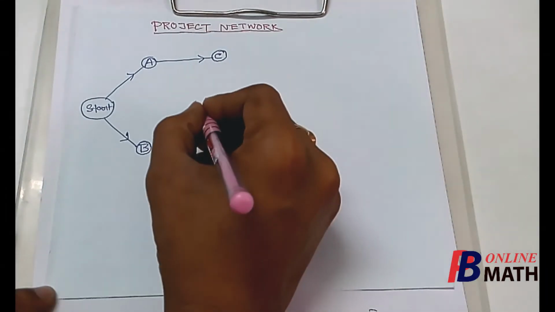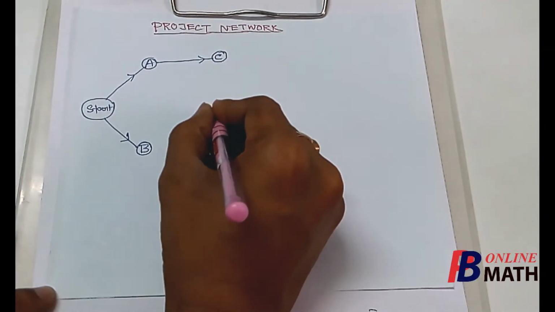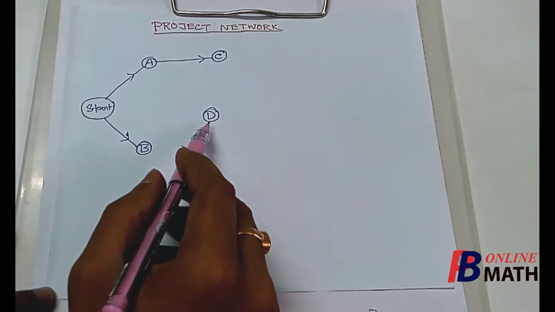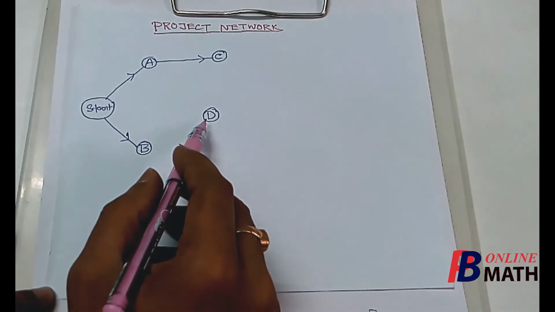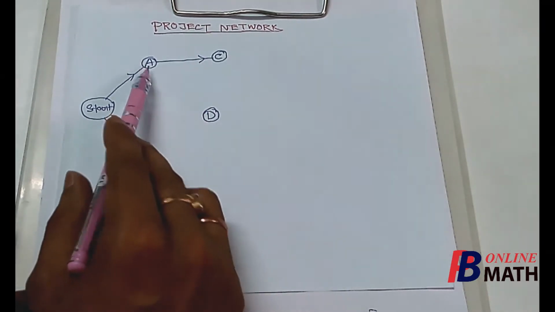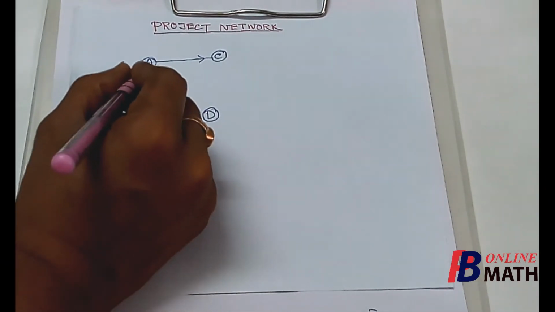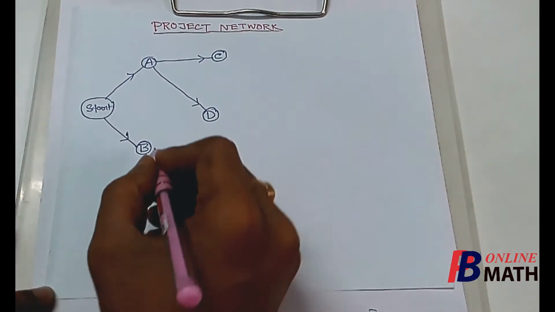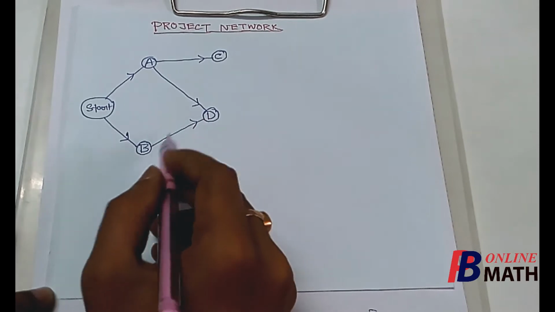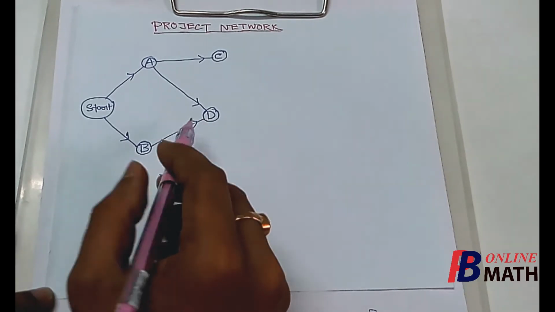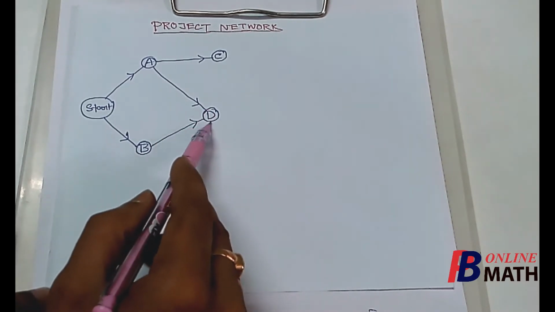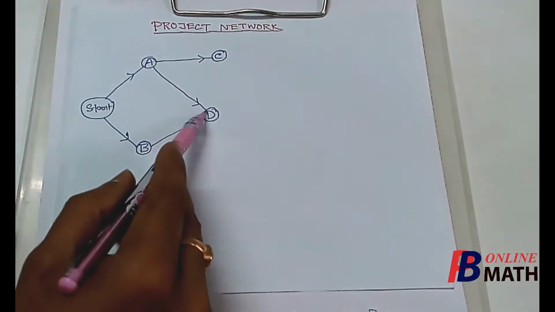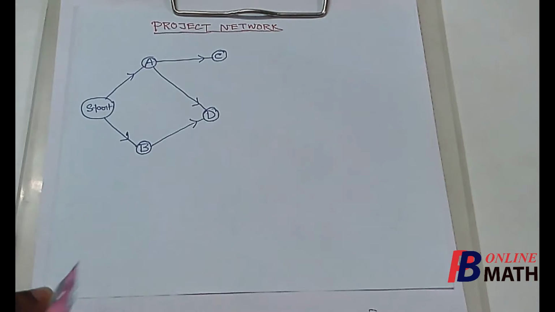So here we represent the activity D. Suppose this is the activity D, and since the activity D can be started only after the completion of the activities A and B both, we connect these two nodes by this directed arc. Also we connect these two nodes by this directed arc. That means the activity D can be started only after the completion of the activities A and B both.